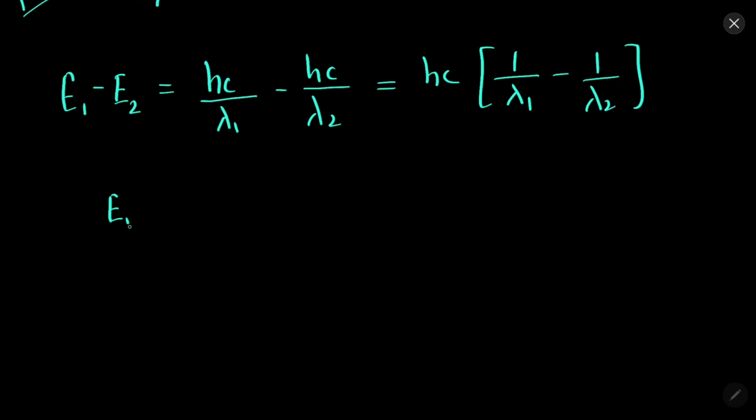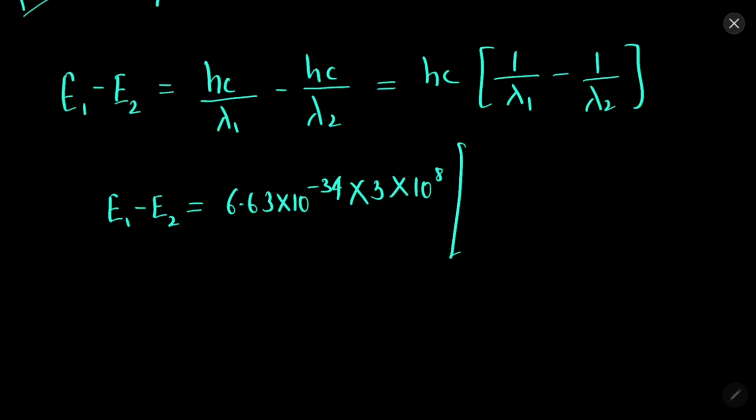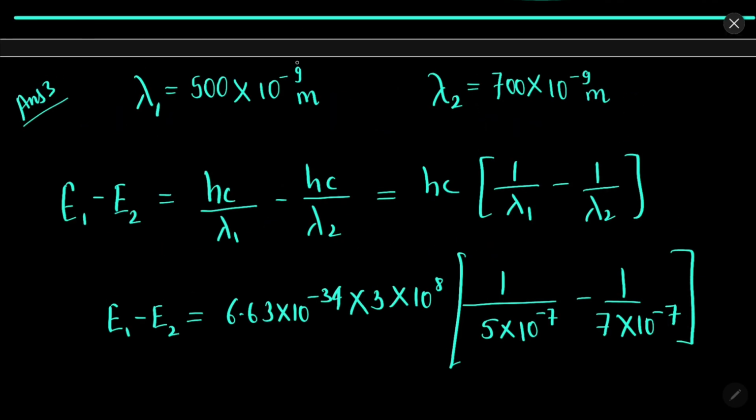So energy difference will be equal to 6.63 into 10 to the power minus 34 into 3 into 10 to the power 8 times 1 over 5 into 10 to the power minus 7 minus 1 over 7 into 10 to the power minus 7, because this can be written like 5 into 10 to the power minus 7, and this can be written like 7 into 10 to the power minus 7.